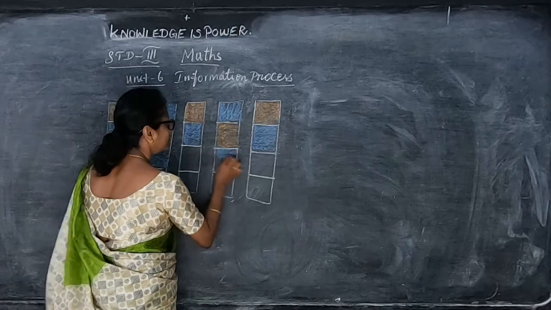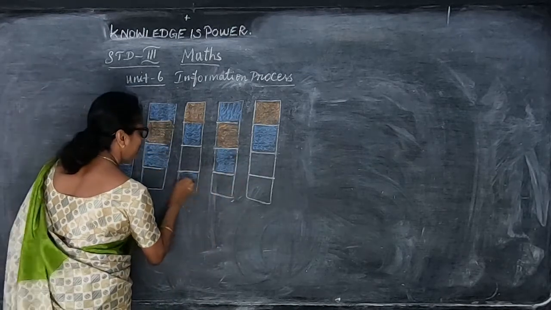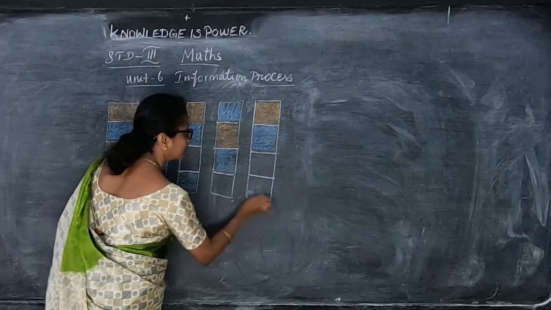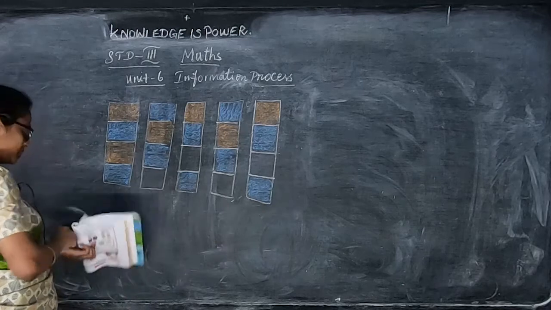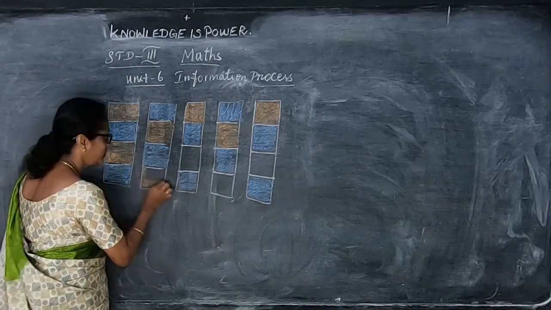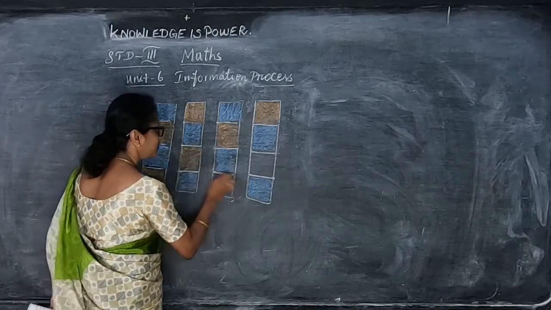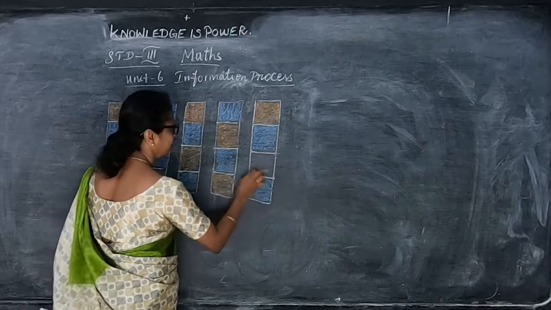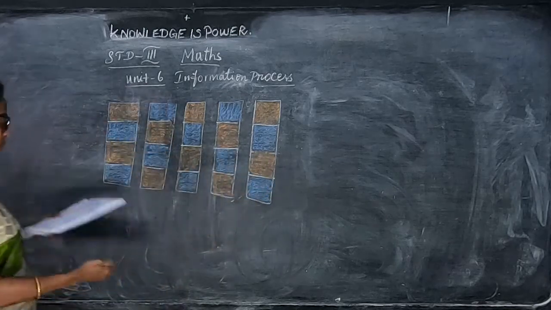Here one blue will come. You can change the colors also, not only blue or orange; any two colors you can take. Shade it like this. This is the way of coloring. You can do it in the book itself, children.